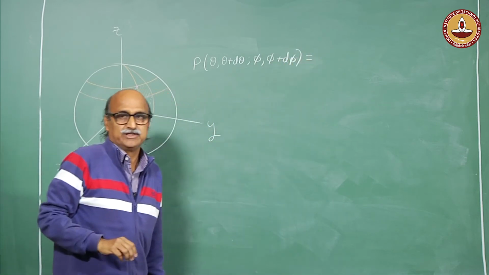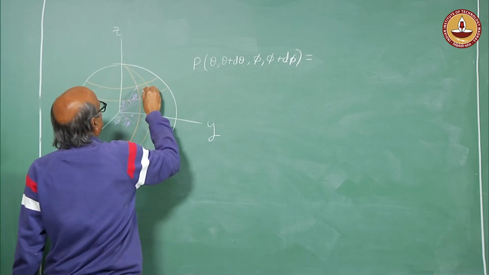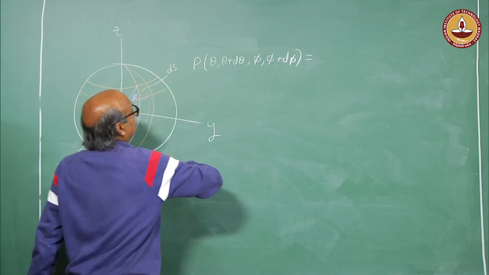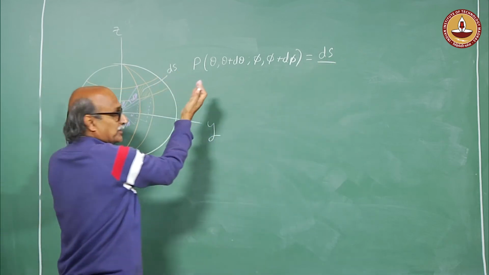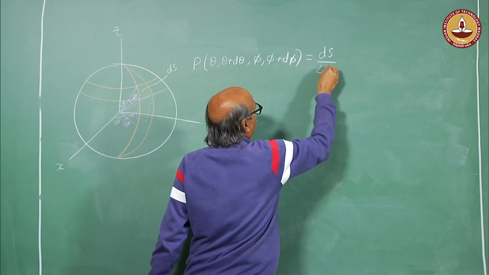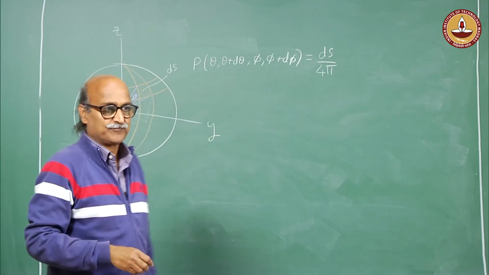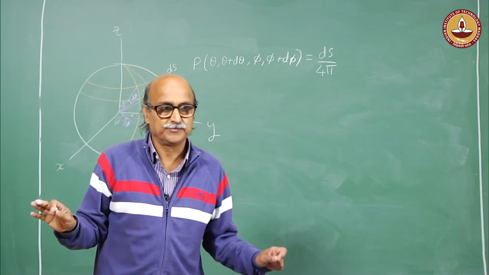This is the probability that I want to find. If the surface area of this element is ds, then this would simply be ds divided by the total surface area of the sphere, which would be 4 pi for a sphere of unit radius. Okay. Any doubts here?